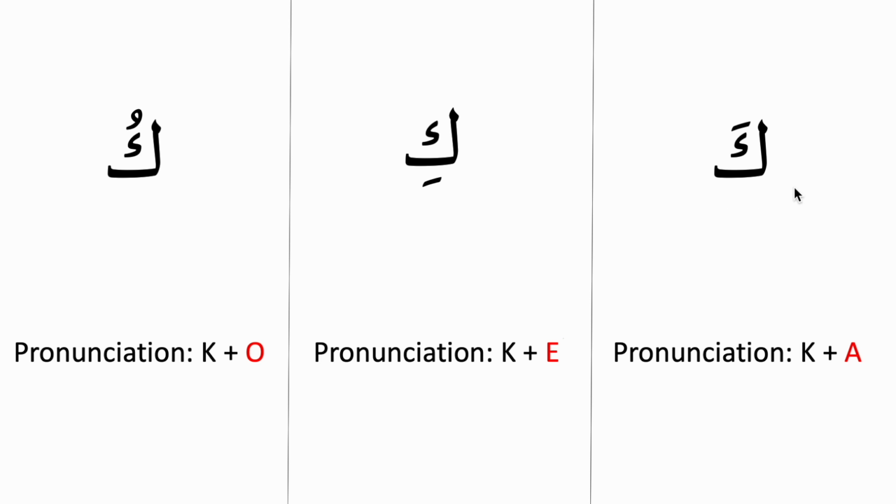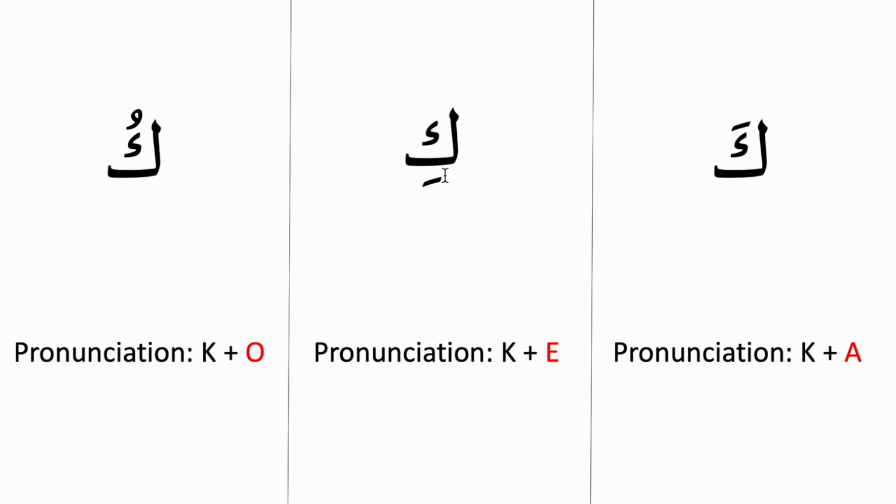Okay, but in this video we're gonna learn how we pronounce kaf with fatha. Remember, what should we add to the pronunciation of the letter? Good job. We add A when we see fatha. So since kaf is pronounced as K, we add A to the K. So we pronounce it as ka.